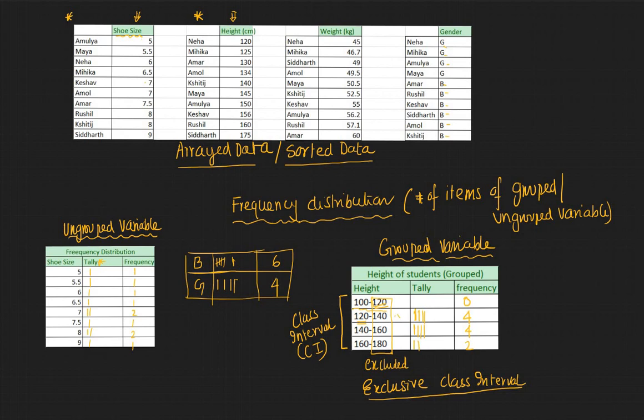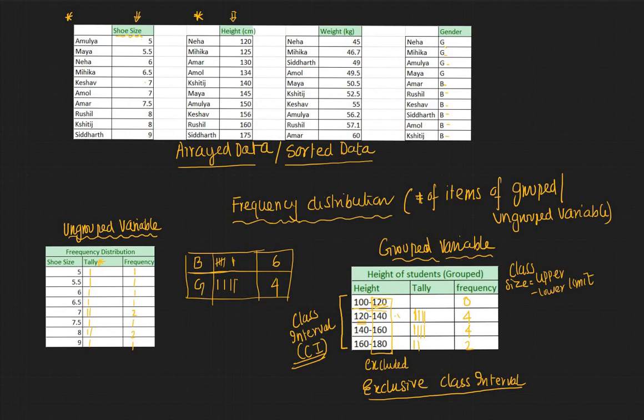Now there are a couple more terminologies for this class interval. Within this class interval, when you look at it, we can ask, what is a class size? So a class size is equal to upper minus lower limit.